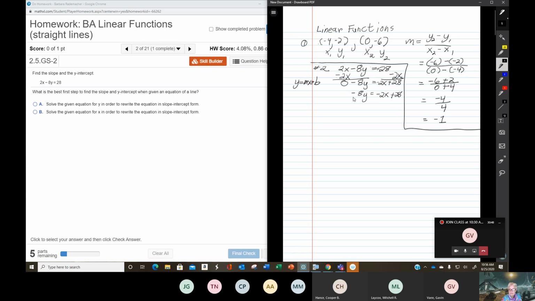Now, what I do to solve for y is divide both sides by the number in front of y, negative 8. I divide this side by negative 8, so the negative 8's over here cancel, and I'm left with y. Meanwhile, this is not slope-intercept form yet.